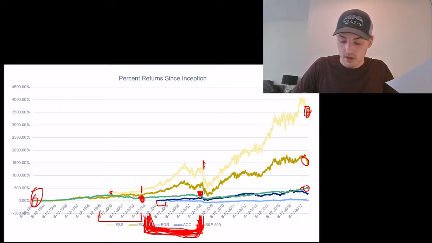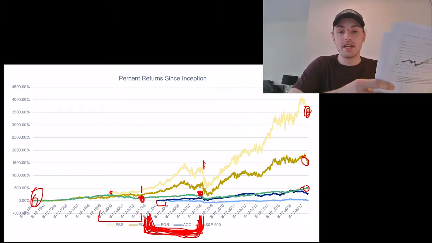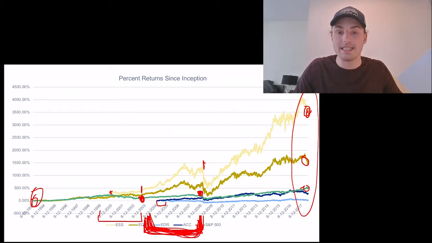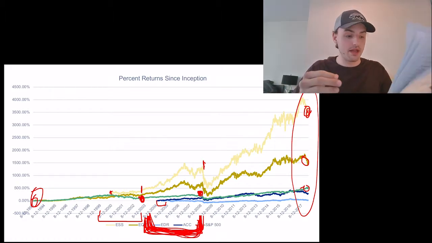So the next thing to notice, because now we want to look at the really great divergence, is, up to present date, where $1 invested in ESS is now worth $35, and $1 invested in the S&P 500 is only worth $5. So how do you explain that?